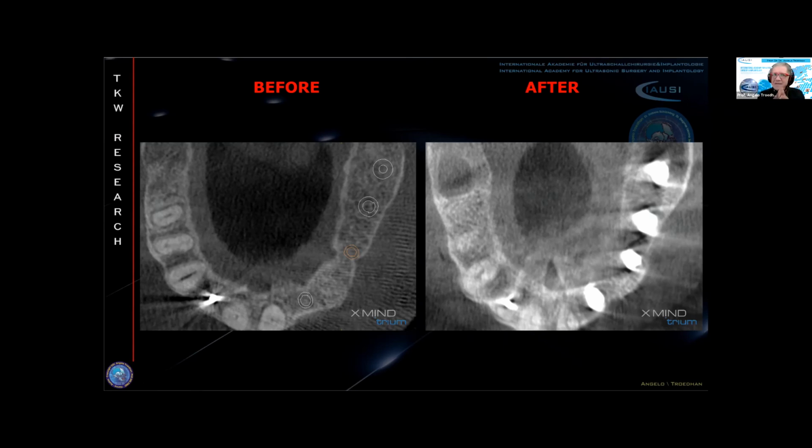So if there are some beginners here in this webinar, please learn to insert implants visually, by right hand, left hand, right eye, left eye, and in more complicated cases, based on 3D CBCT image planning.